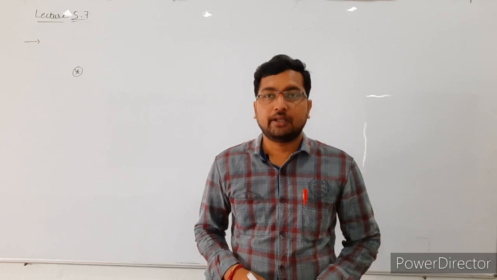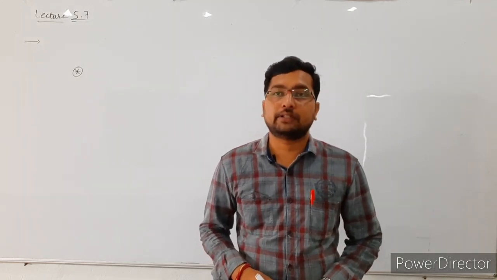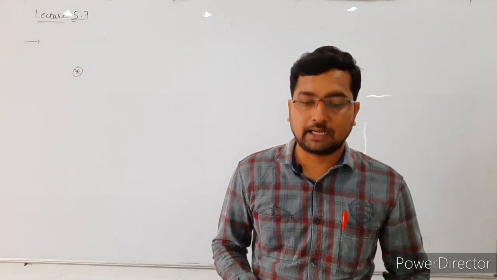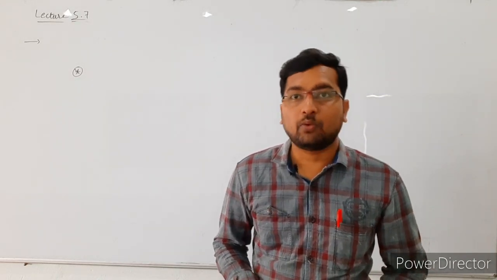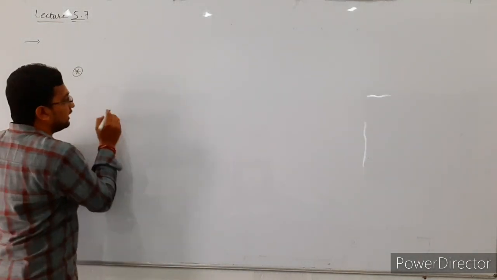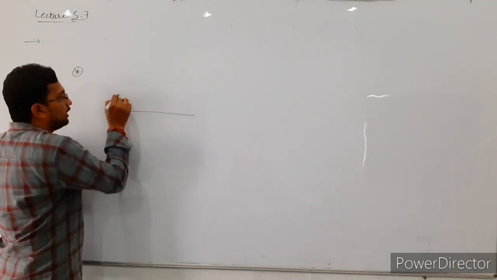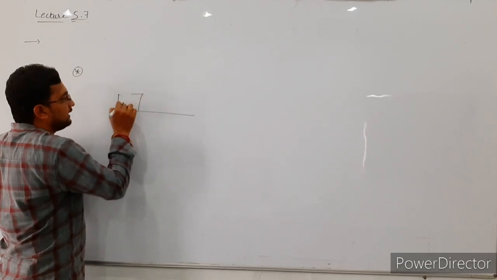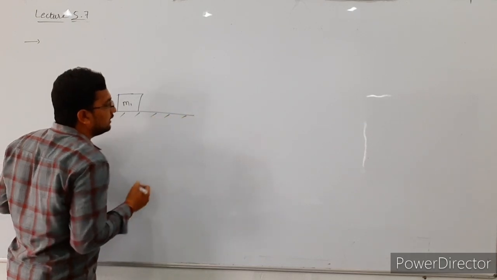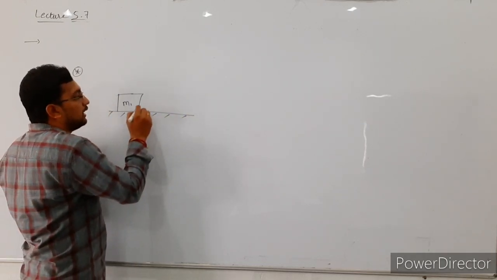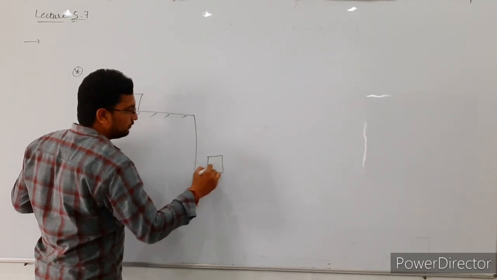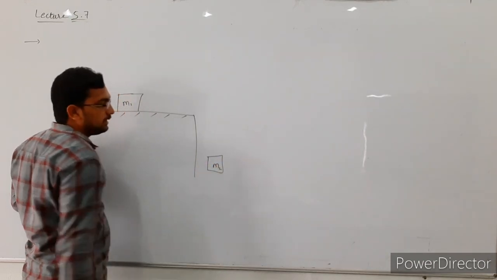The next case: two bodies are connected with the help of a light string, with one body on a horizontal surface and the other body hanging vertically. Consider a horizontal surface. One body of mass m1 is placed on a smooth horizontal surface, and another body of mass m2 hangs.